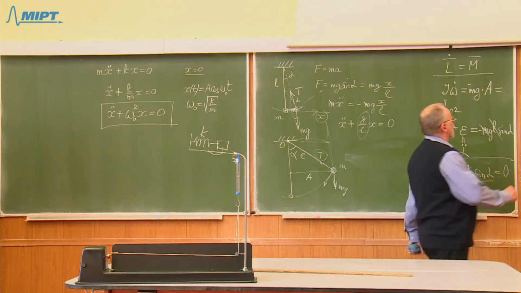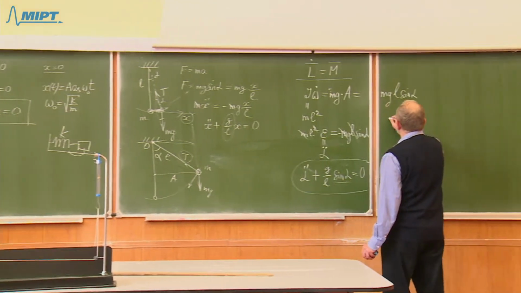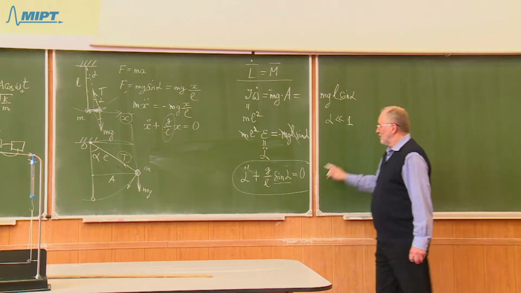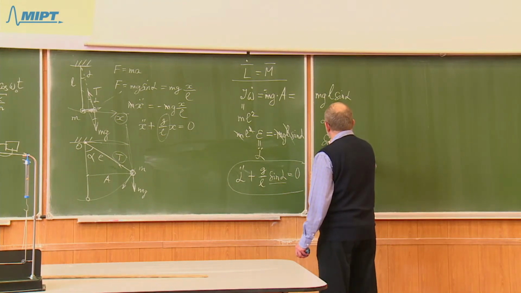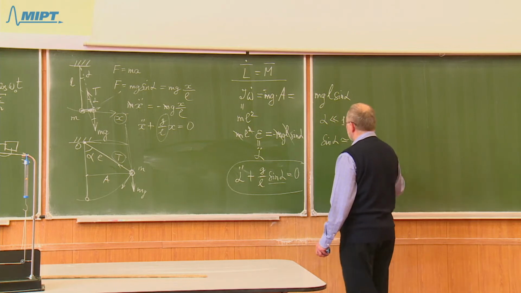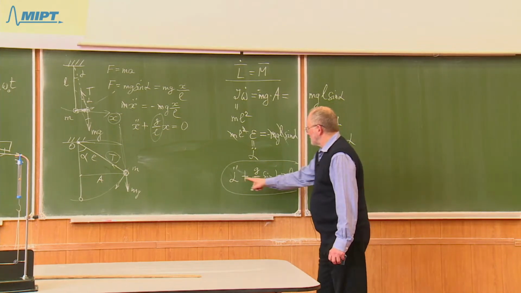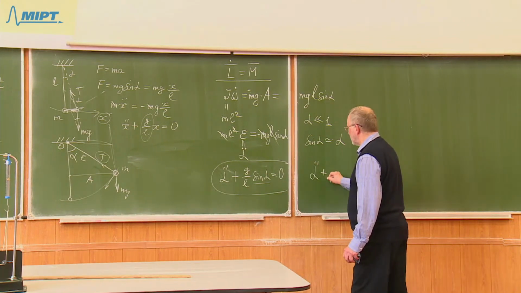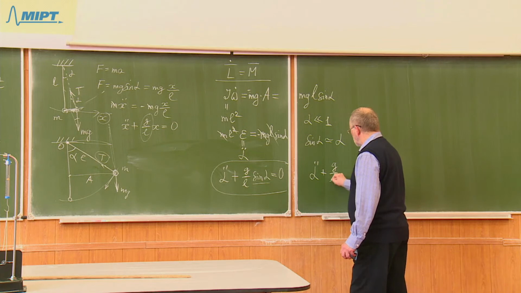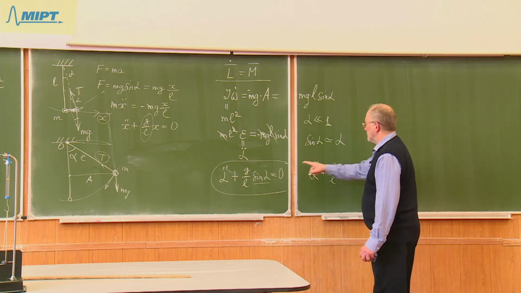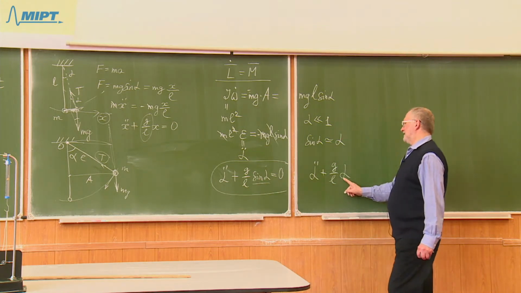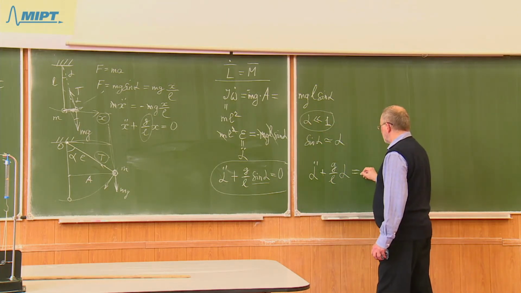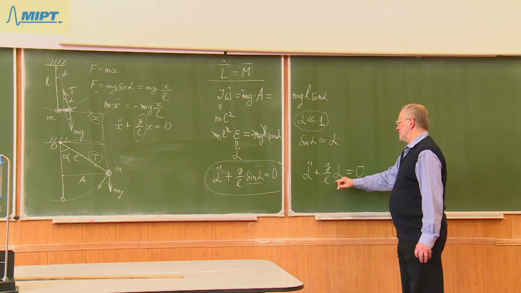But for small alpha, that is, if alpha is much smaller than 1 radian, sine alpha approximately equals alpha. And then this equation will become an equation of harmonic oscillation: the second derivative of alpha plus g divided by L times alpha. Instead of sine alpha, I put alpha here, because for small angles of deflection that is approximately true.